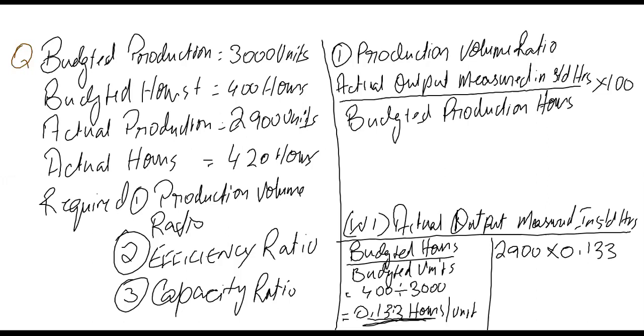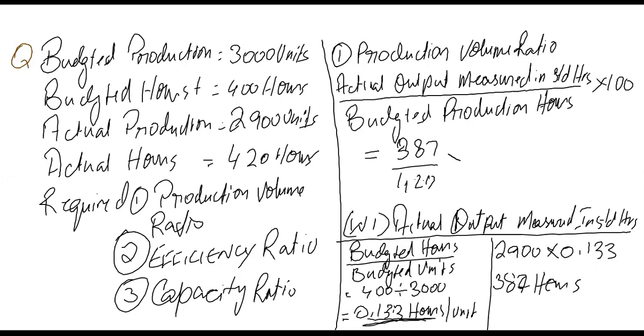If actual production is done according to 0.133, I'm taking out the round figure, that is 386 or 387 hours. So the actual output measured in standard hours should have been 387 hours.